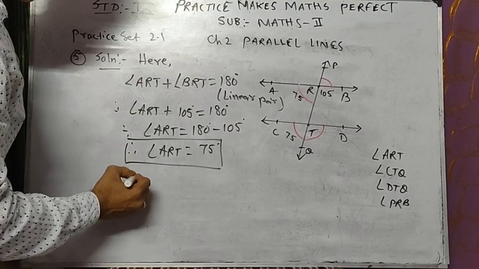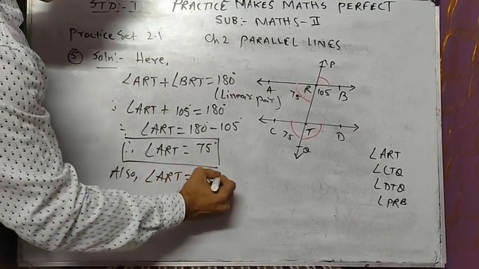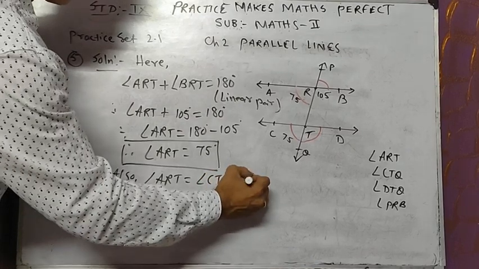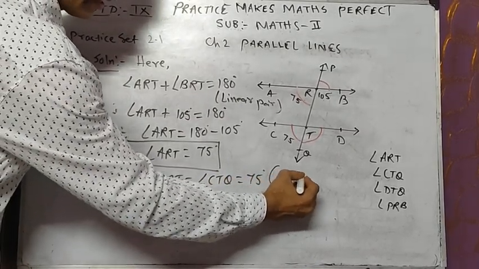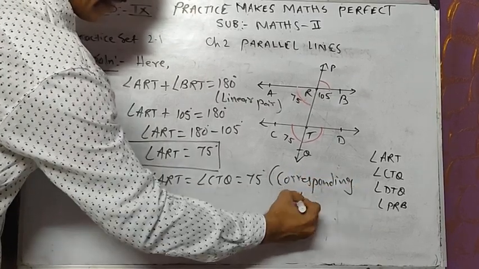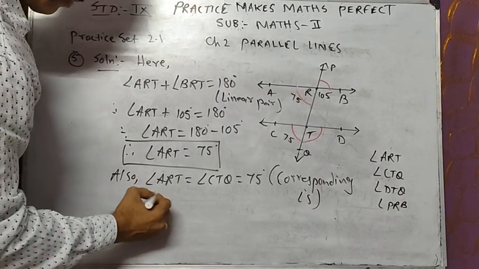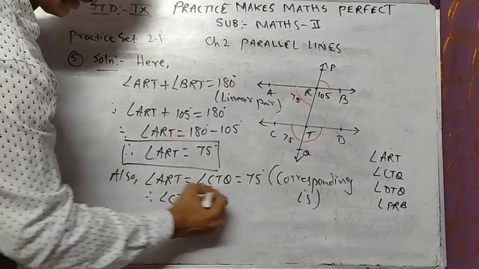So angle ART is equal to angle CTQ is equal to 75 degree. Reason you will write: corresponding angles, and therefore angle CTQ is equal to 75 degree.